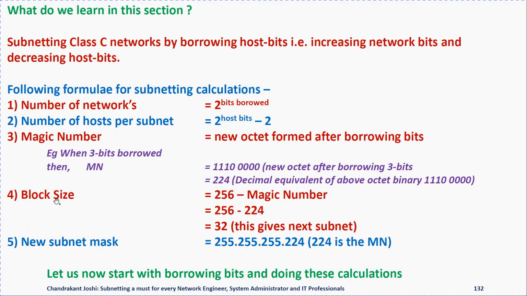We need to know the block size. The block size formula is 256 minus whatever magic number we have got. In this case it is 256 minus 224, just as an example, which is 32. When I say 32 is the block size, I just add this value to the interesting octet of my first network to get my second, or next, subnet.